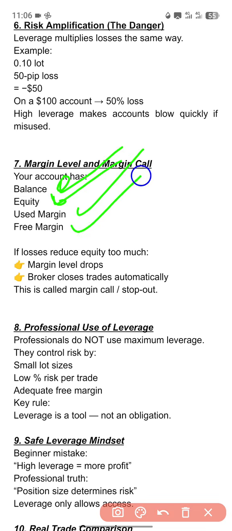Now the free margin is the amount of margin still left. That means the amount of trades you can still open. Now if losses reduce too much, margin level drops. The broker closes trades automatically. This is called margin call or stop out.